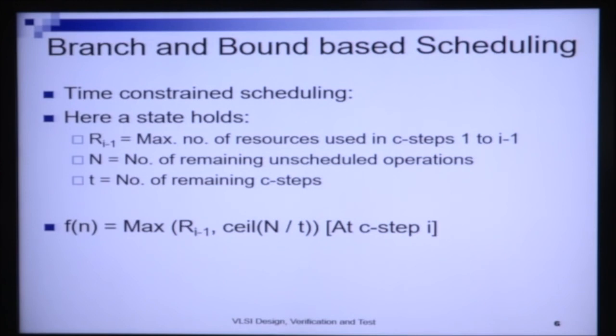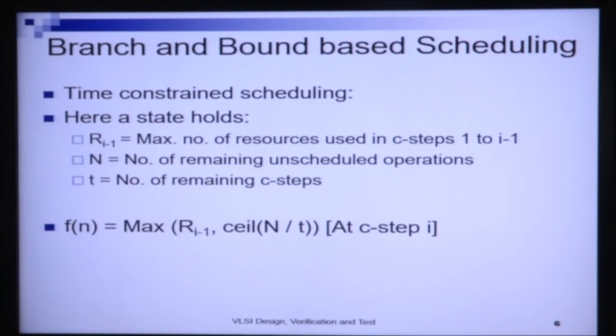So why do we use this Fn? We use this Fn to compare with the current best solution that I have. So I have already traversed through another path of the state space and have already found a current solution. Now we will compare at this state with the current solution.